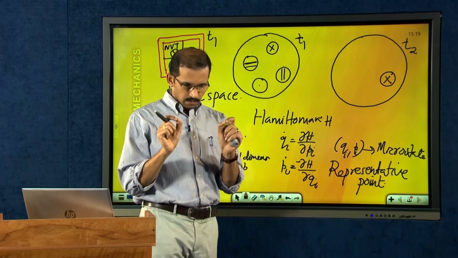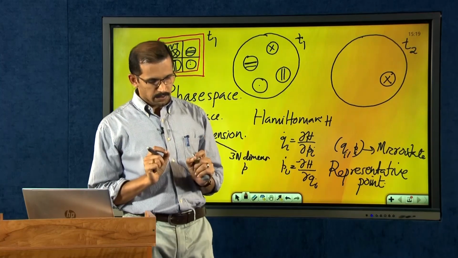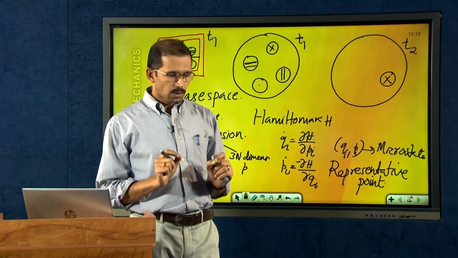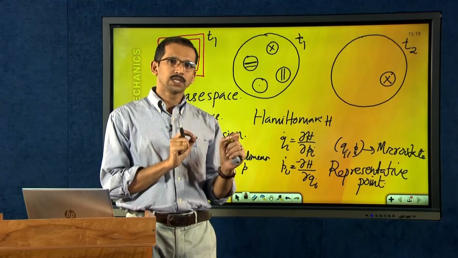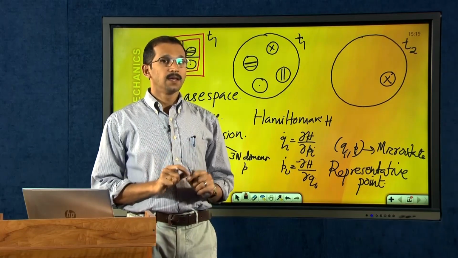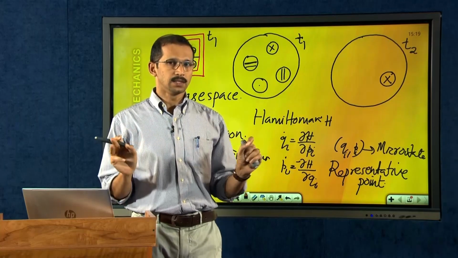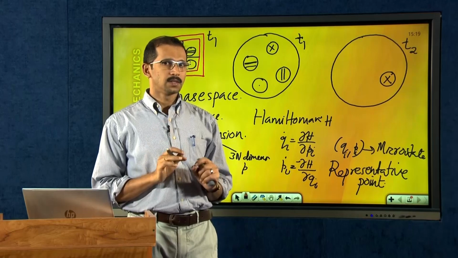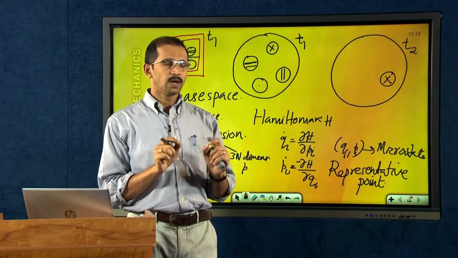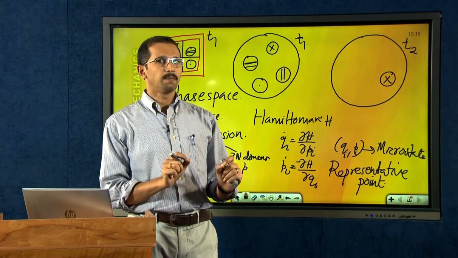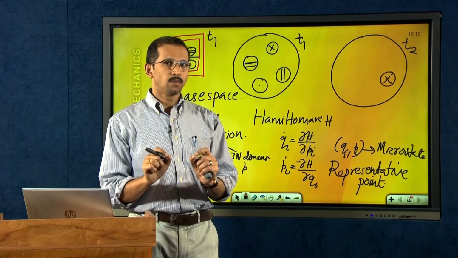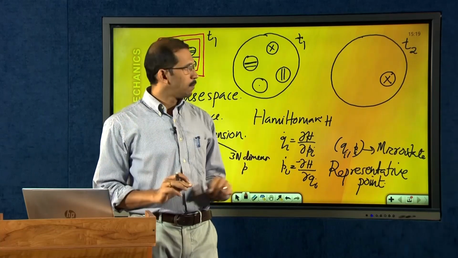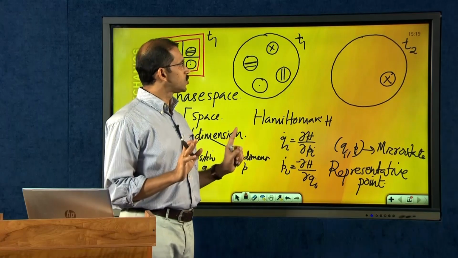But here one thing you should always remember is that this version of the position and the momentum is valid only in the classical regime. When we move into quantum mechanical treatments, we are not allowed to define a particular position and a particular momentum at any instant of time. But classical mechanics allows us to do that.